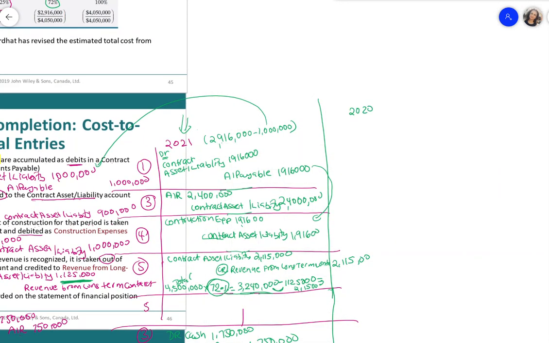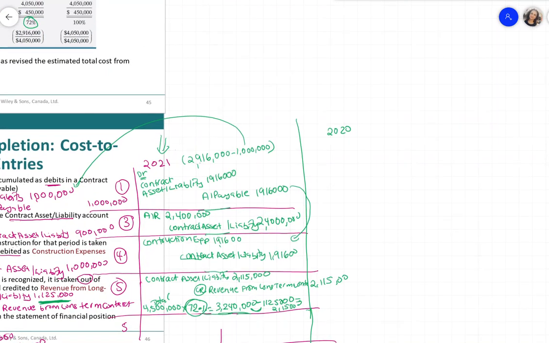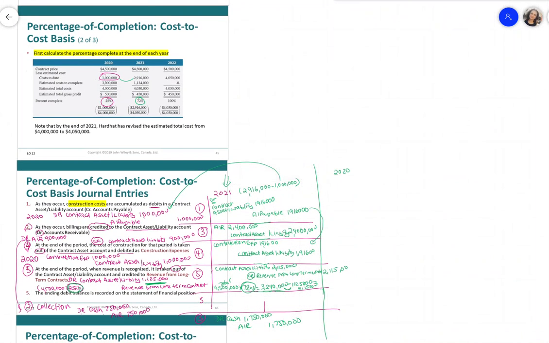So then going forward, now we are going to go to the year 2020. Now the project is completed 100%. If the project is completed 100%, now we're going to go to the last year. Our first entry will be your contract asset/liability, and credit will be your accounts payable. How are you going to do the entry?